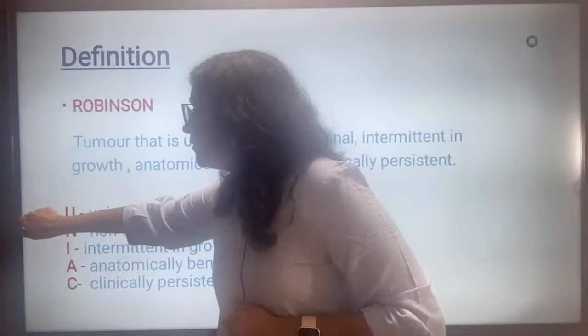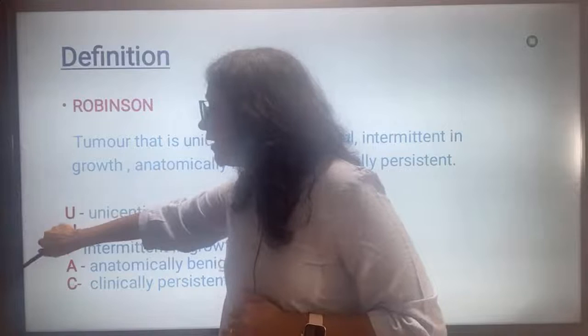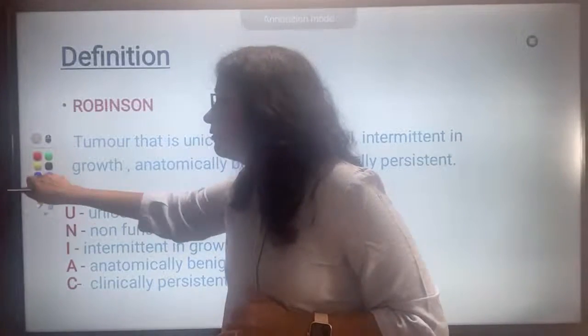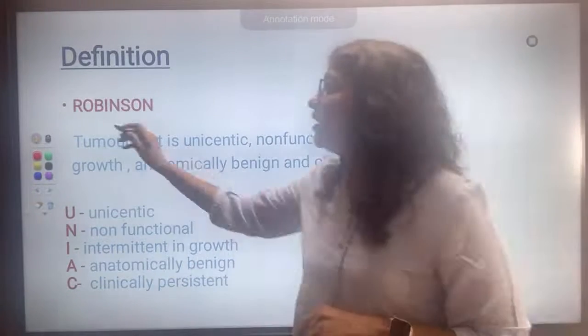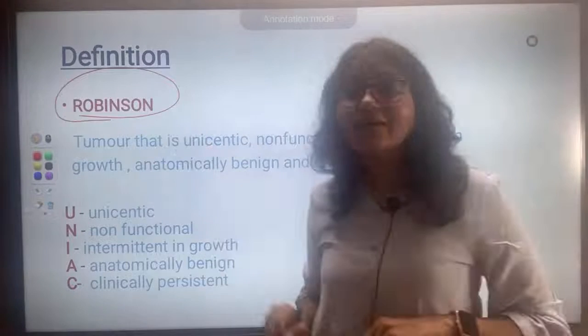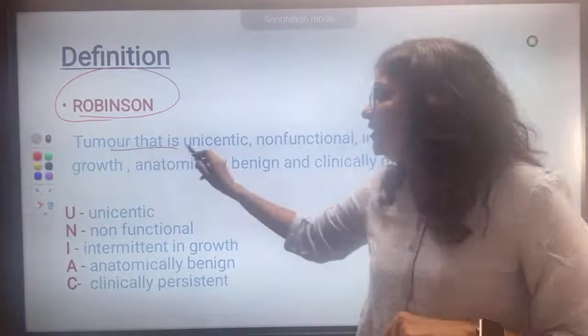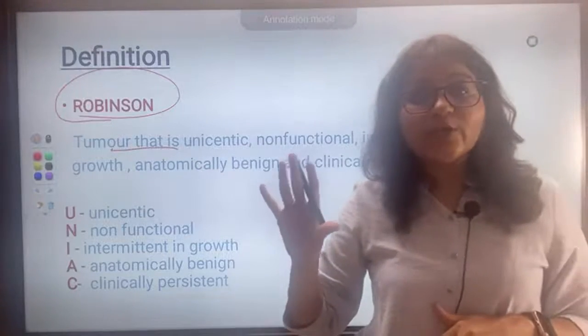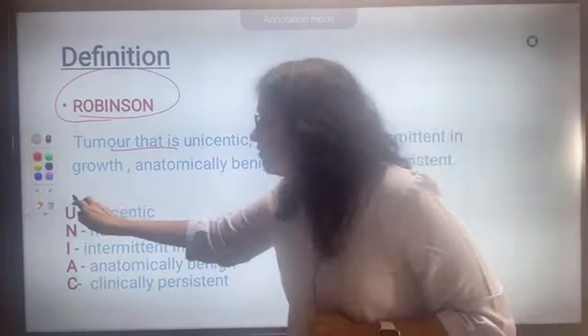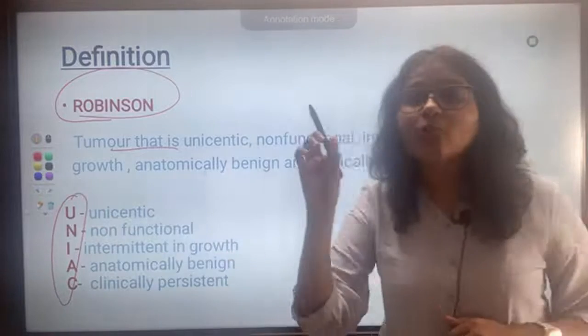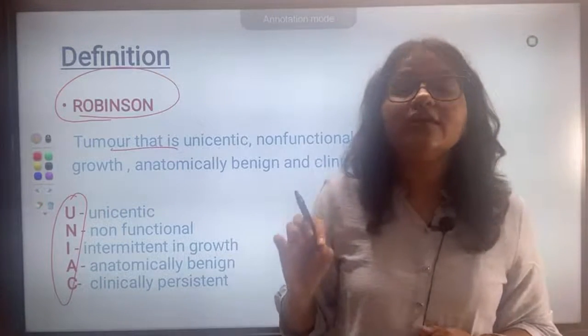First thing, remember that it was given by Robinson. Okay, so it was given by Robinson, correct? Second thing, how will we remember it? There are 5 points that you have to remember in this definition. How will we remember? UNIAC, U-N-I-A-C, okay?